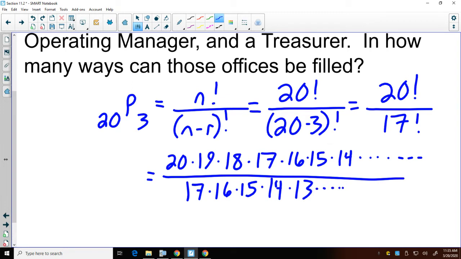Well, if you notice, there are some things that are in common from top to bottom. The 17 times the 16, 15, 14, all the way down on top will actually cancel with the 17 times the 16, the 15, the 14, all the way down on the bottom. As you know from intermediate algebra or college algebra, this is what we call simplifying the fraction.